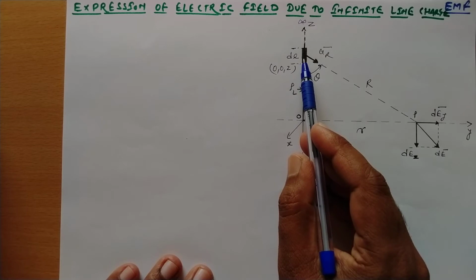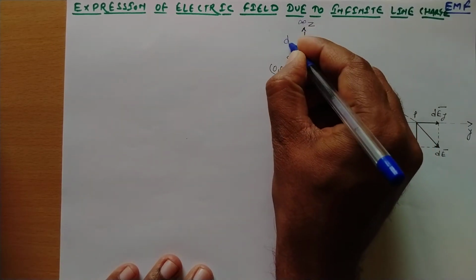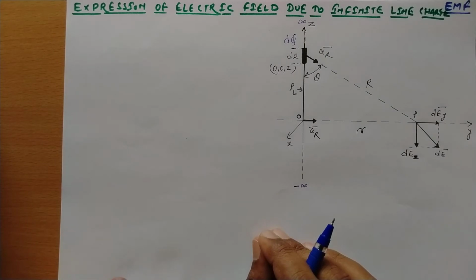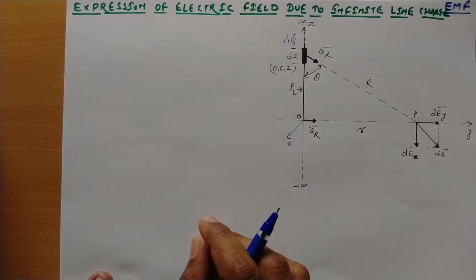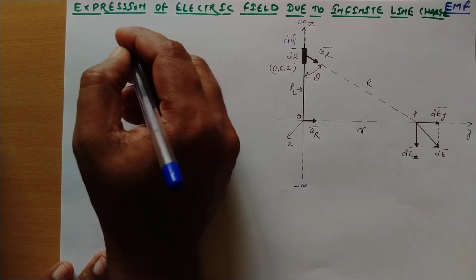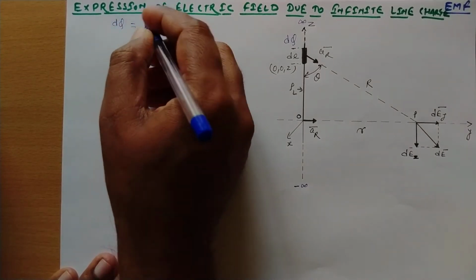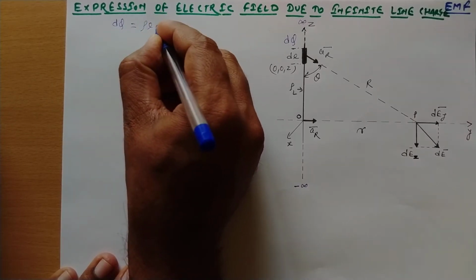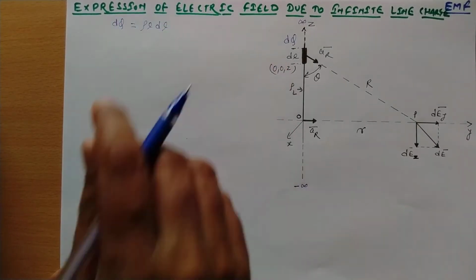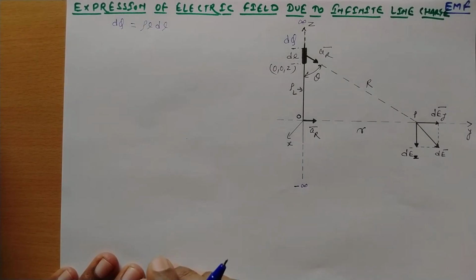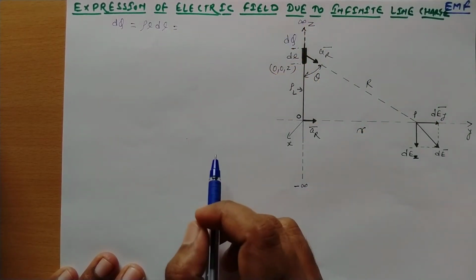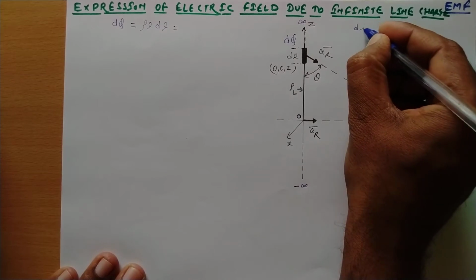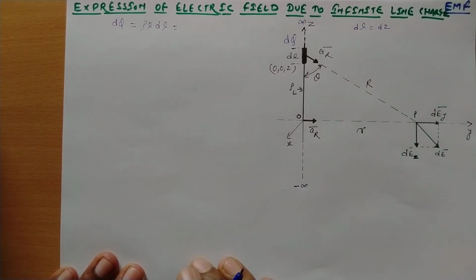Now if we take a small differential length dl, which carries the charge dq, on the z-axis, we can write dq equal to rho L into dl. Also, because the differential length is on the z-axis, dl is nothing but dz.